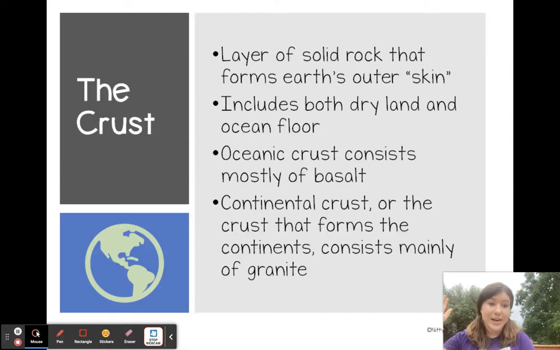So that tends to be lighter and less dense. So granite is lighter in color, even if your granite countertops are black, right? When we're talking geology, granite is lighter in color, kind of pink or white, with maybe some black flecks in it. So continental crust is largely lighter and less dense. Oceanic crust is denser and heavier.